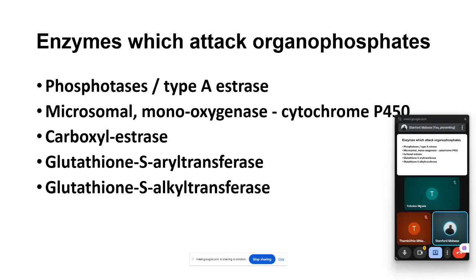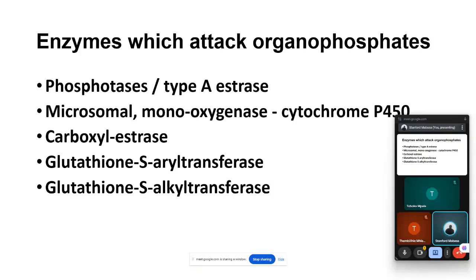Probably there's a benzene ring somewhere. Then the glutathione S-alkyl transferase. This is where you have an aliphatic chain. I hope you understand the difference between a benzene ring and an aliphatic chain. But in any case, these are the enzymes which can actually break down organophosphates.